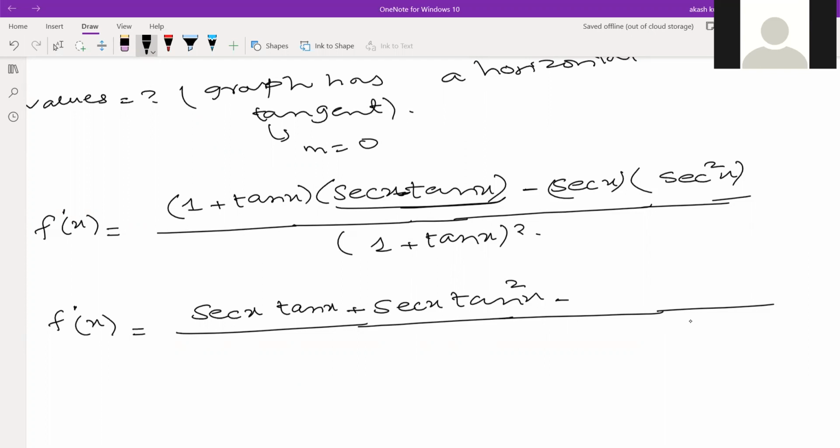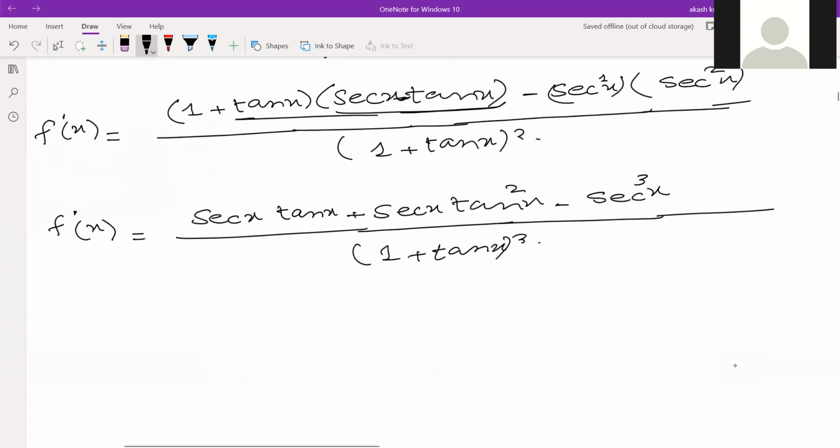Sec x with sec squared x will be sec cubed x, because the base is the same, the powers will be added, so 2 plus 1 is 3. Same goes with tan x with tan x: base same, powers added, so it will be tan squared x. And then we have 1 plus tan x whole squared.